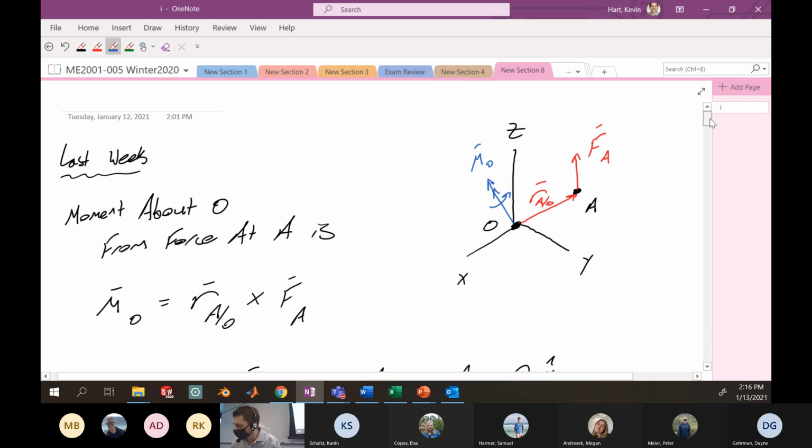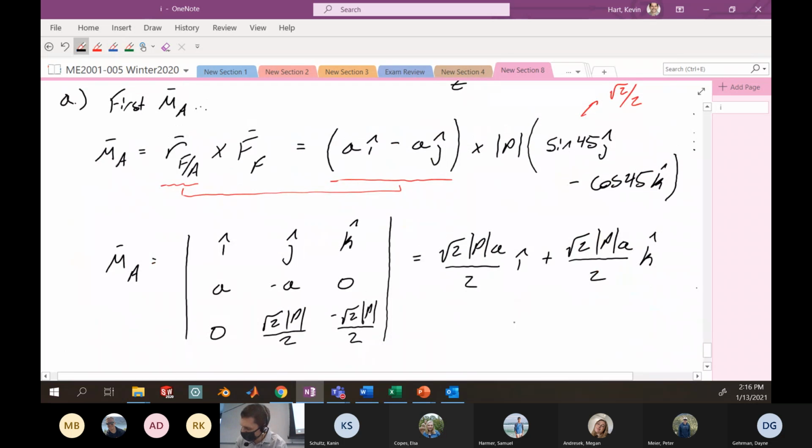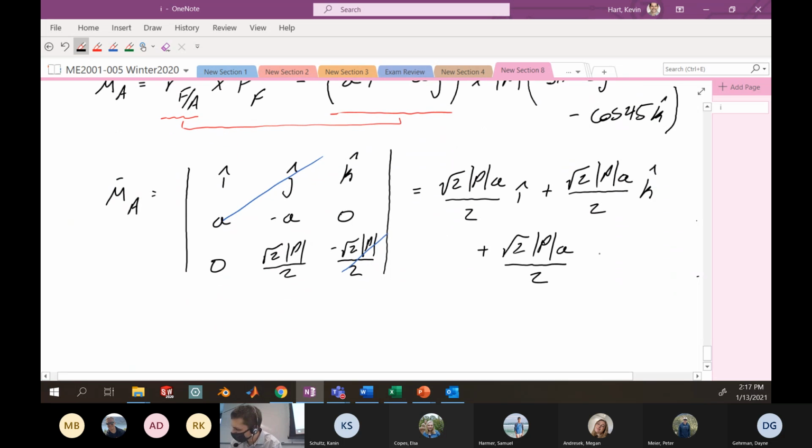So generally I will have a positive contribution from this one. Along this route I'll end up with a plus root 2 magnitude of PA on 2 in J.